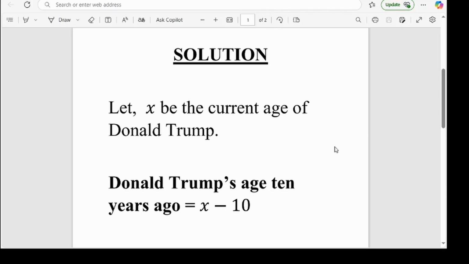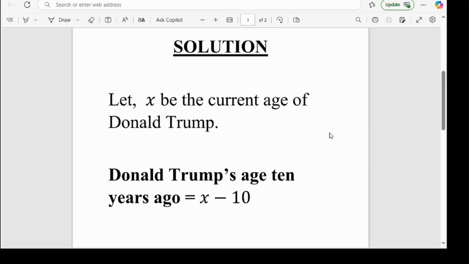So 10 years ago, Donald Trump's age would be X minus 10. That is the current age of Donald Trump subtracted by 10 years, right? So Donald Trump's age 10 years ago would be X minus 10.